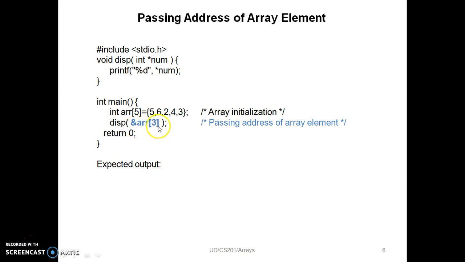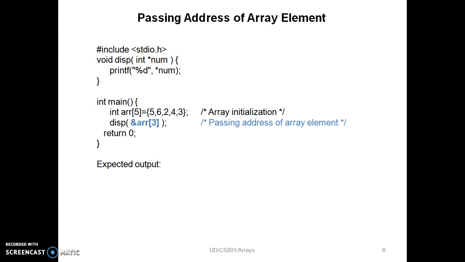Instead of passing the value of the array element, we can also pass the address. For this index position 0, this is 1, this is 2, this is 3. The address for this particular element will be passed over here, and then the function now knows that it is not a value but some address. So it can be specially represented as star. It is something to do with the pointer concept.